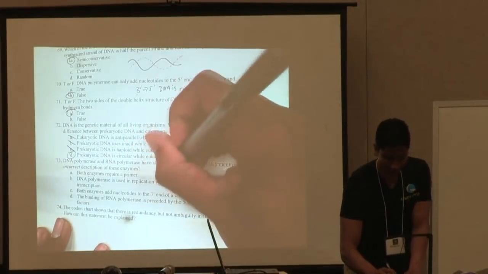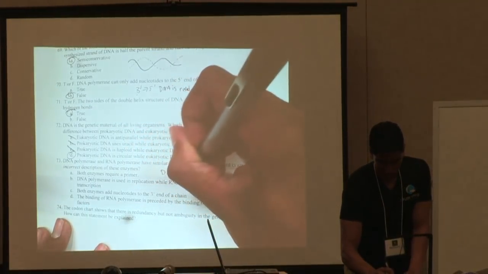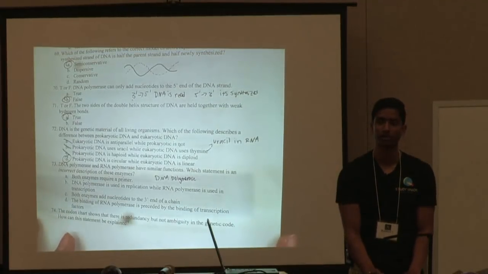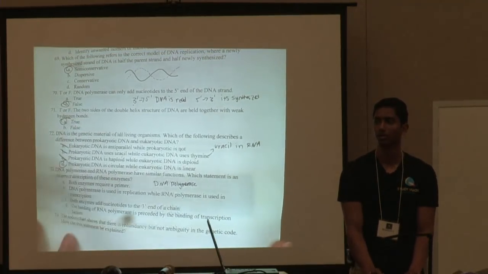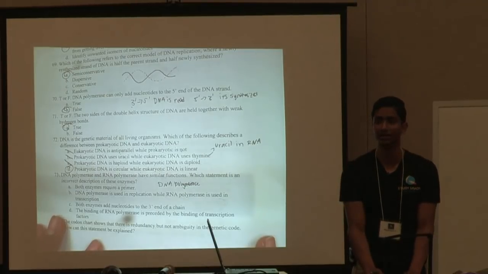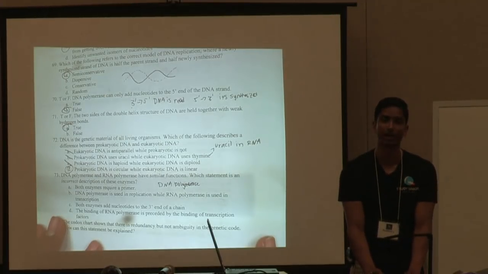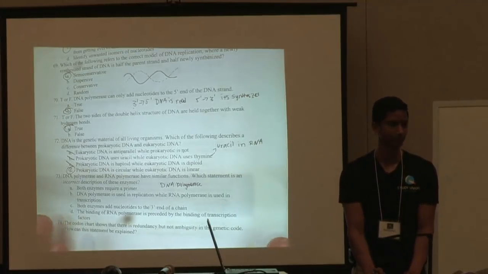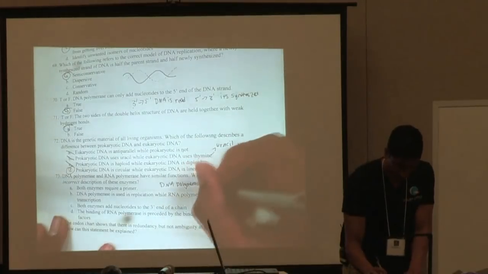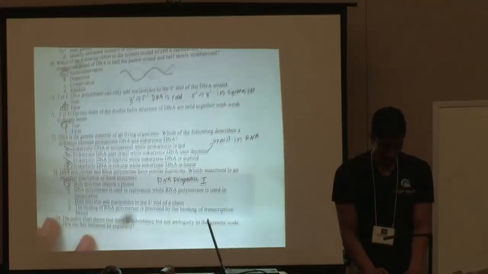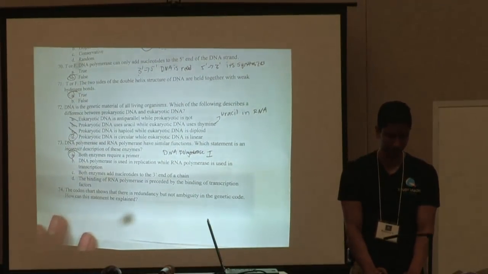So DNA, which one? 1 or 3? 3 and 1. So which one does 3 do? Does 3 make the DNA? Yeah, so 3 comes in and makes the DNA. DNA polymerase 1 comes back in and changes the RNA back to DNA. So incorrect is this. Everything else here is correct.